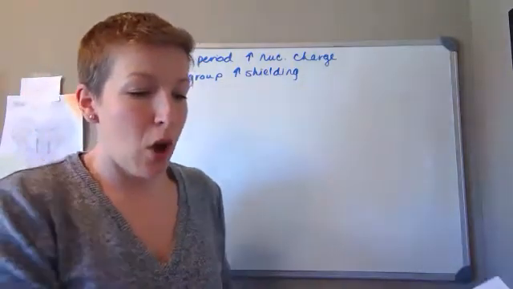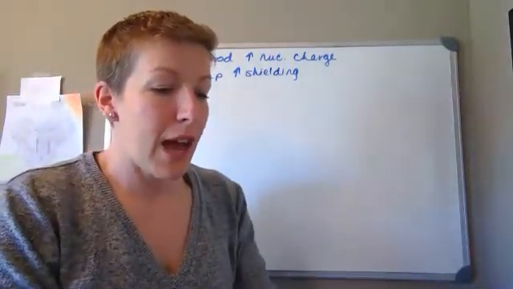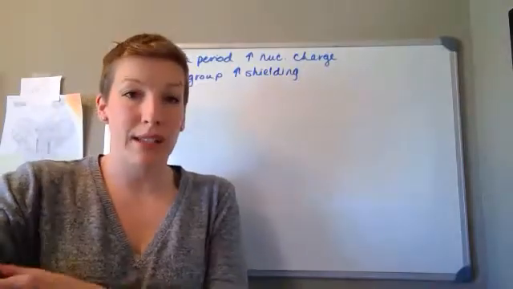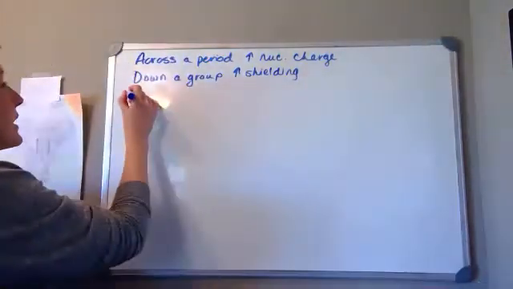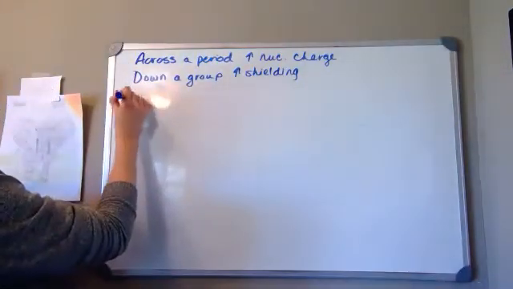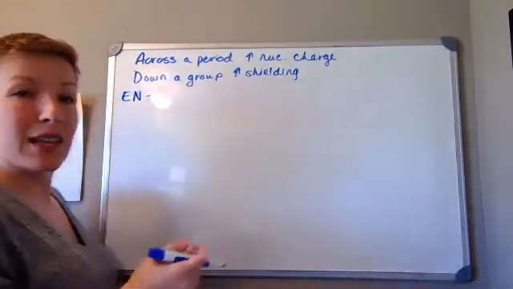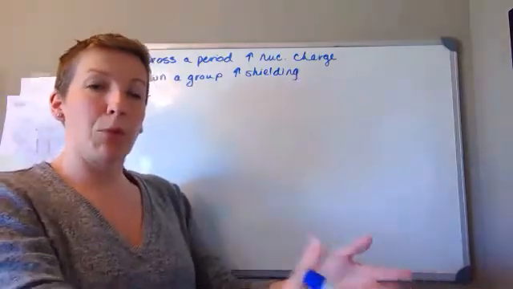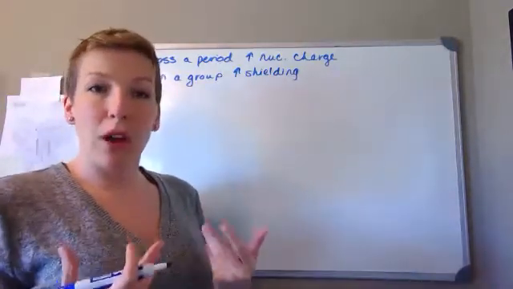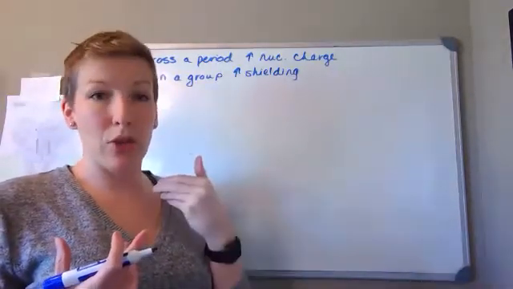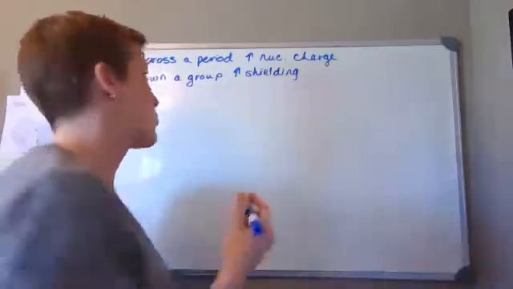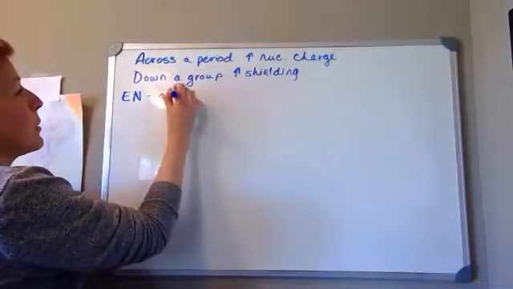Okay, so we talked about atomic radius. Now let's talk about electronegativity. Electronegativity, which on your periodic table is abbreviated EN, is the ability of the atom to pull electrons in, whether they're its own electrons or other atoms' electrons.